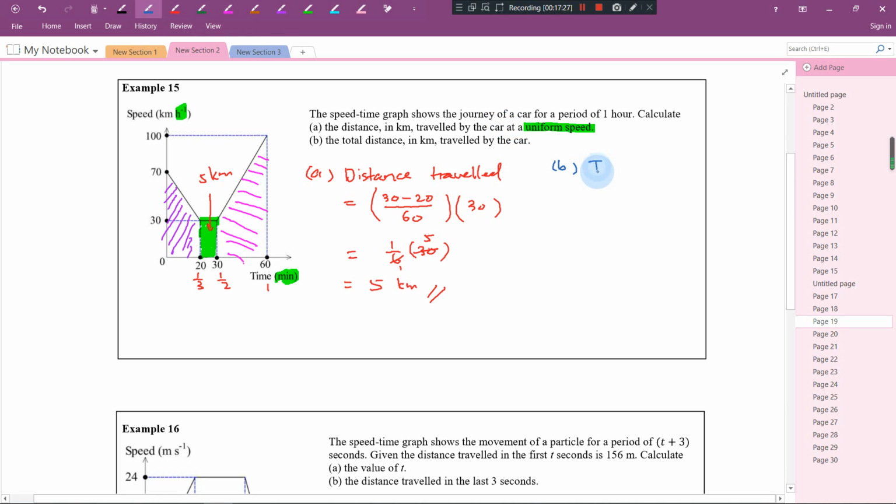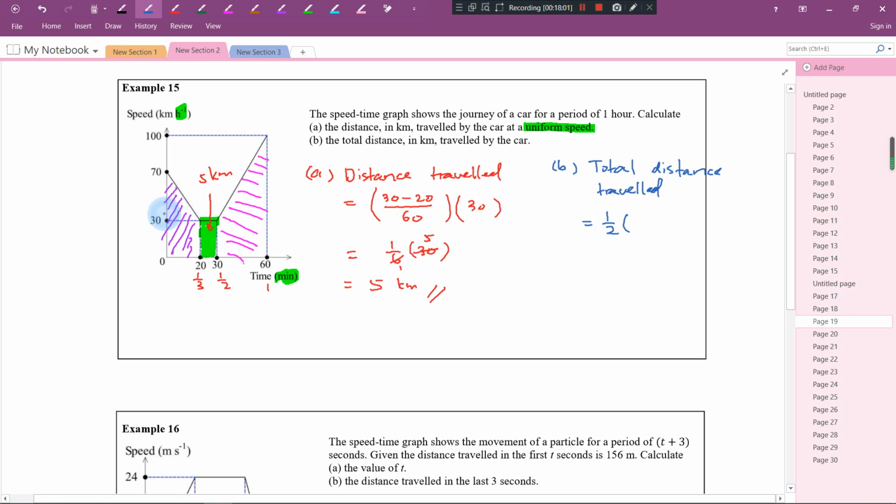So part B, total distance travel. If you worry that it looks very confusing, you can actually do it separately. Find the distance travel here and here, then only you find the sum of all of them. Okay, this is a trapezium. So remember what I told you just now. If you want to find the area of a trapezium, always start with 1 over 2. Don't forget.